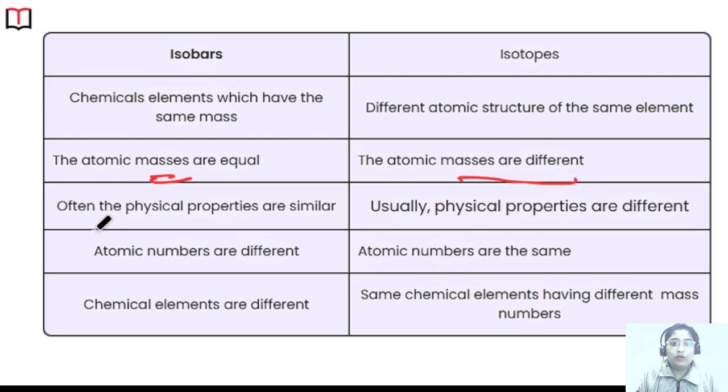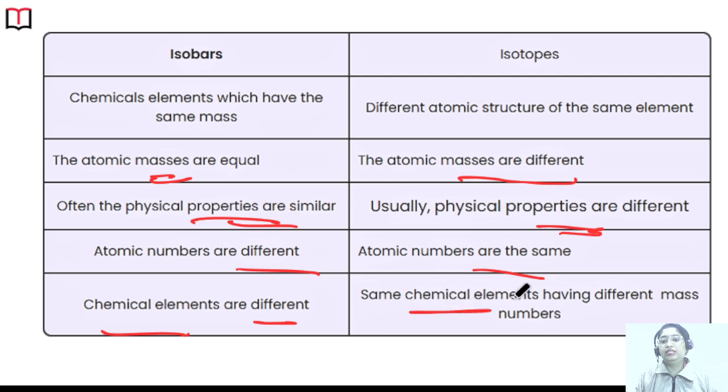In isobars often physical properties are similar, but in isotopes the physical properties are different. In isobars, atomic numbers are different. In isotopes, atomic numbers are the same. For isobars, we are considering different elements, but in isotopes, we are considering the same element having different masses.